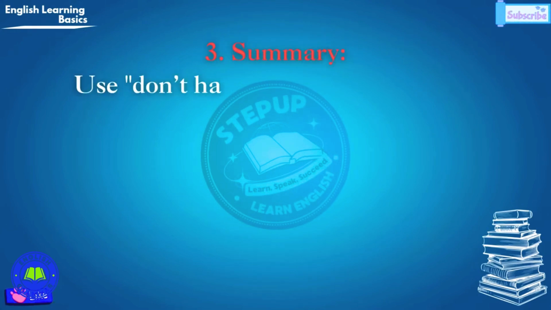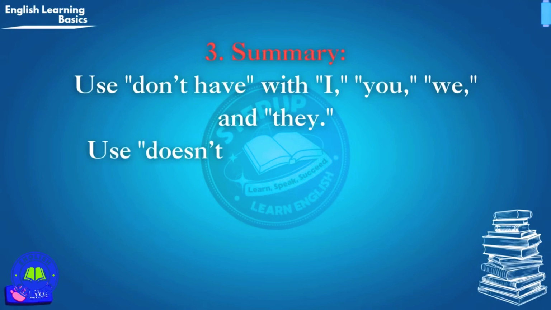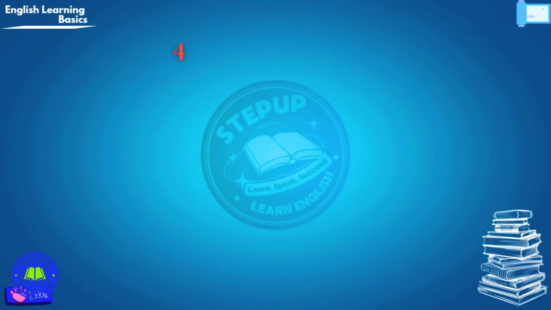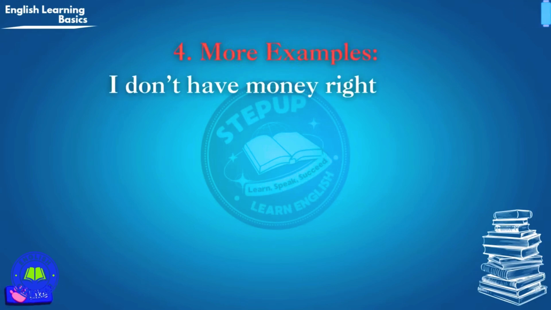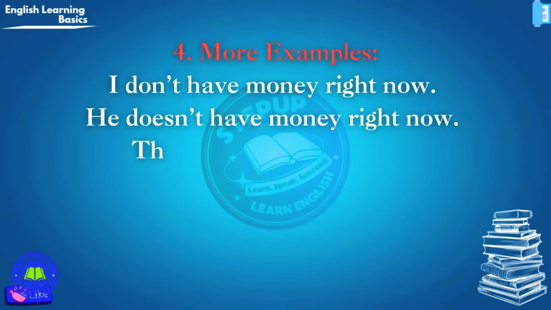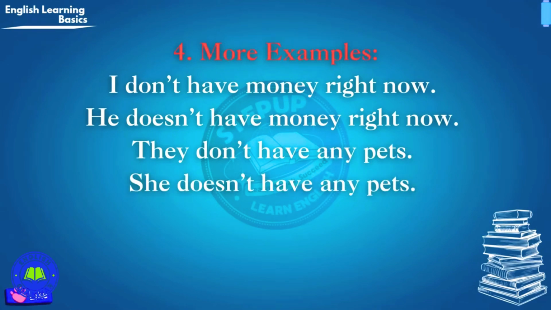Summary. Use don't have with I, you, we, and they. Use doesn't have with he, she, and it. 4. More examples. I don't have money right now. He doesn't have money right now. They don't have any pets. She doesn't have any pets.